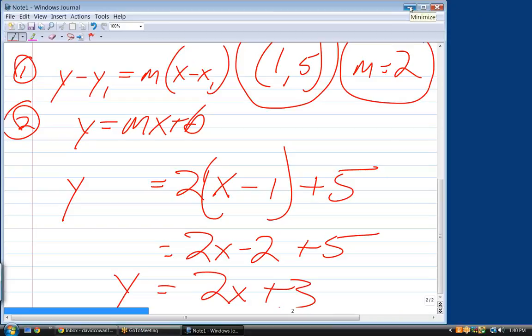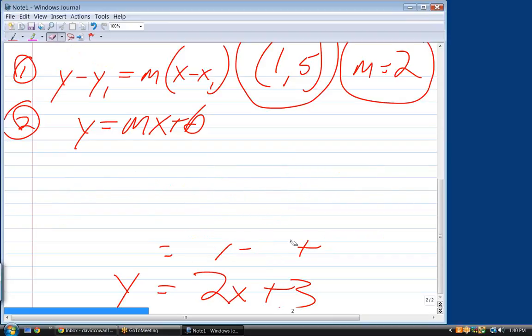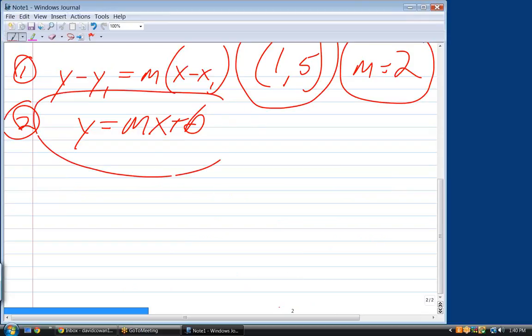Now, there's another way to do this, and let me just show you what it is, just so you won't be confused. If they ask for this format, which apparently they did, I can start with y equals mx plus b and solve for b.